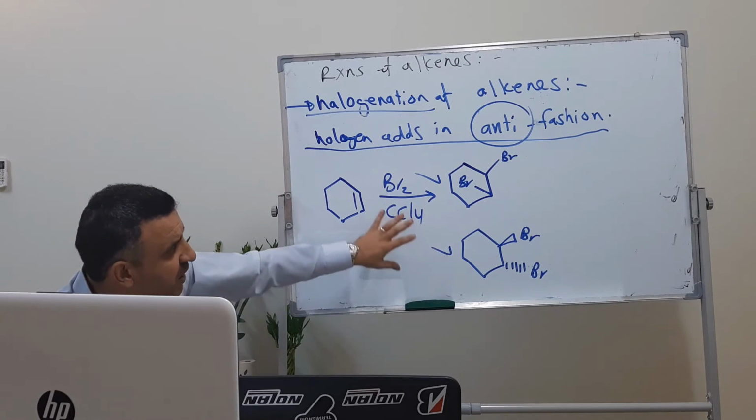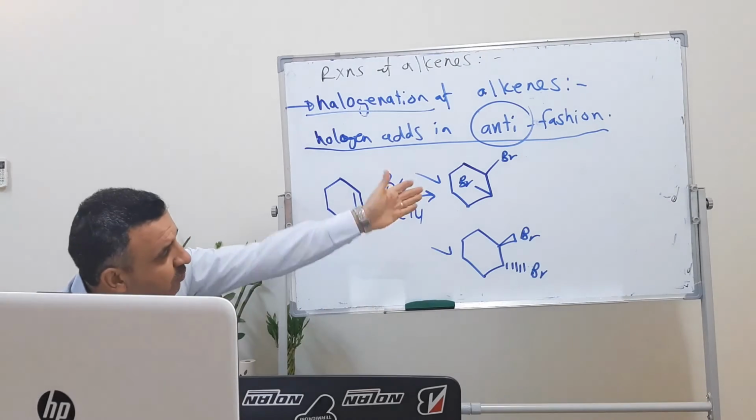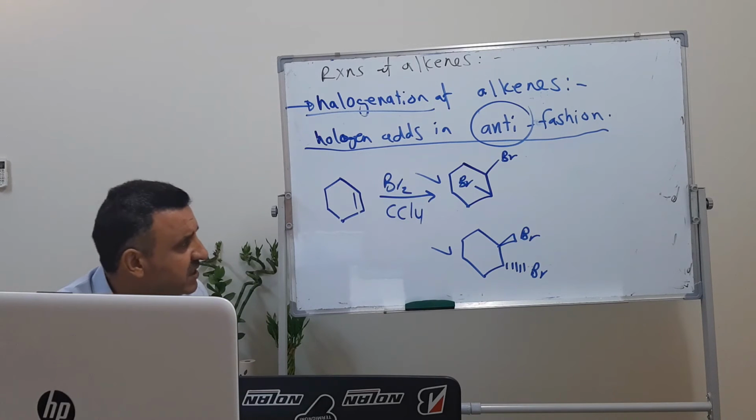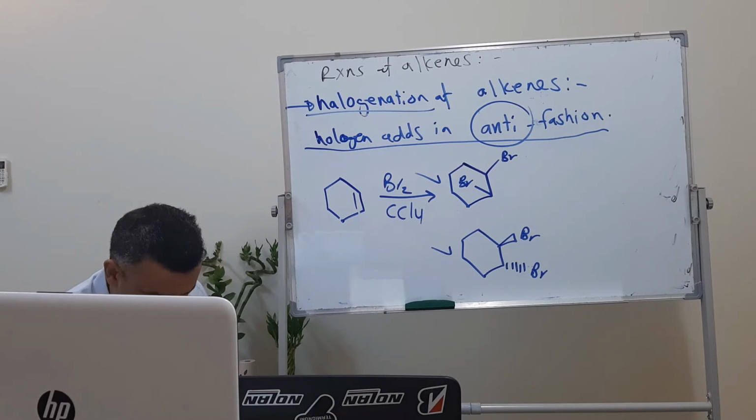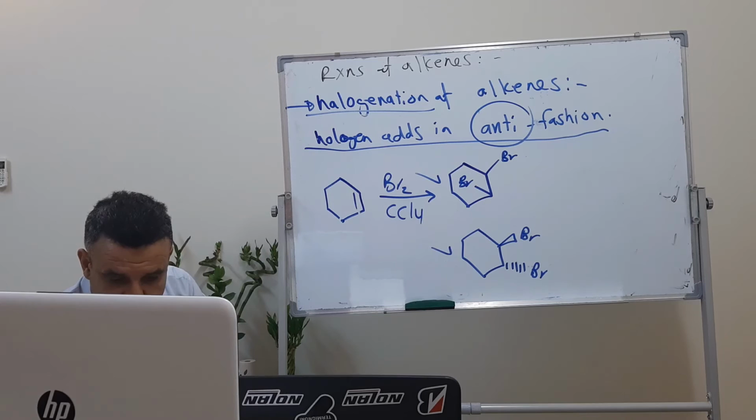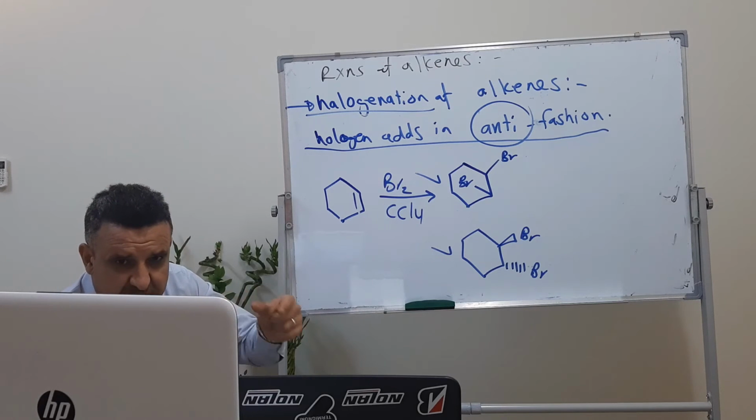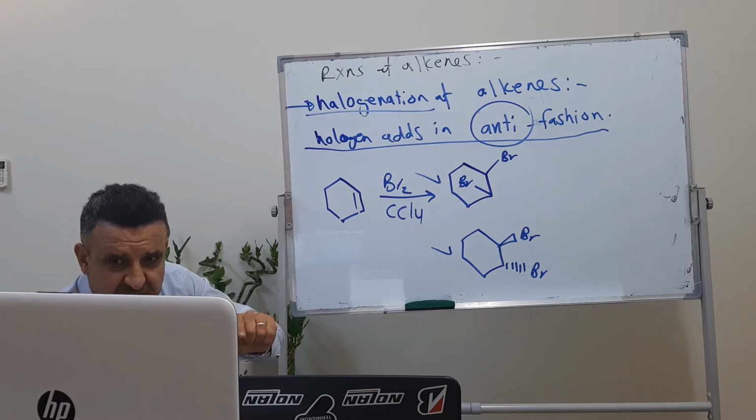Because this addition is always an anti-fashion addition reaction, the product will be... what's the name of the product in this case? Yes, it's 1,2-dibromocyclohexane. For your answer to be correct, you must specify the stereochemistry.